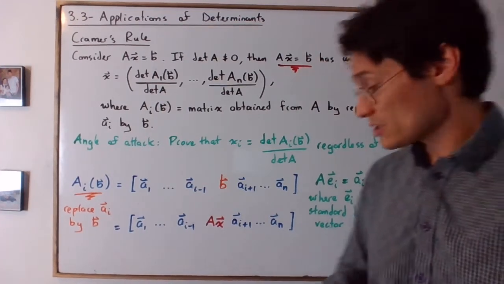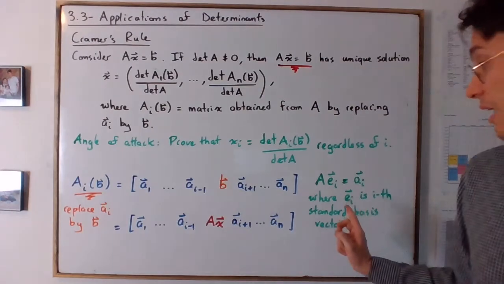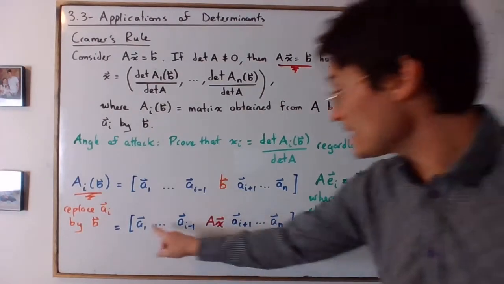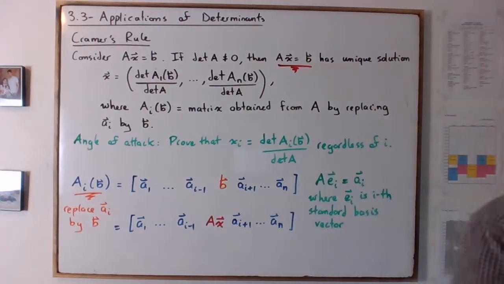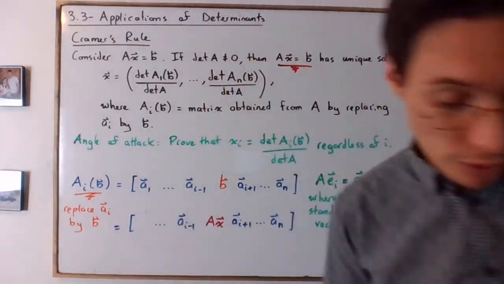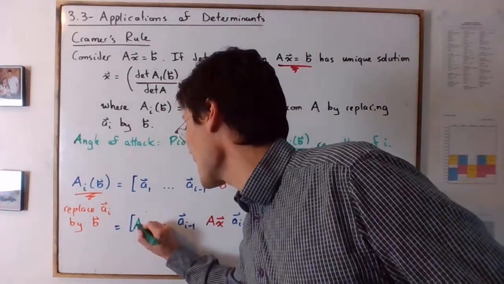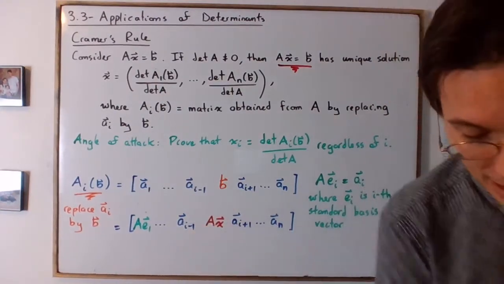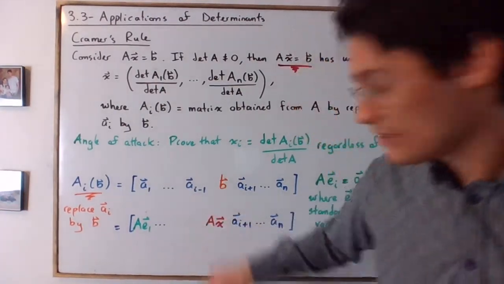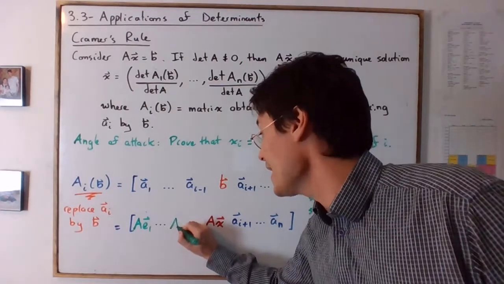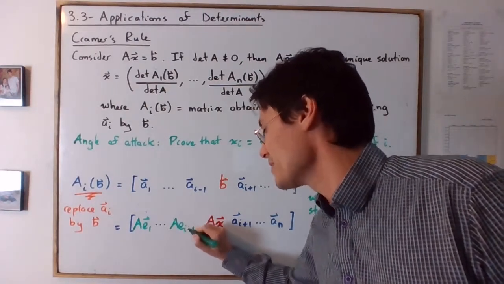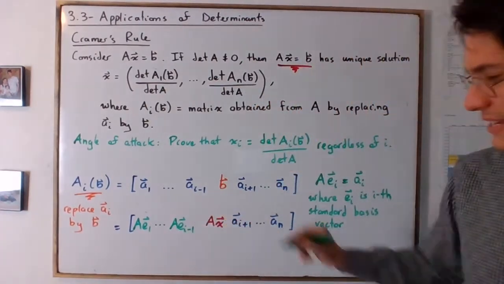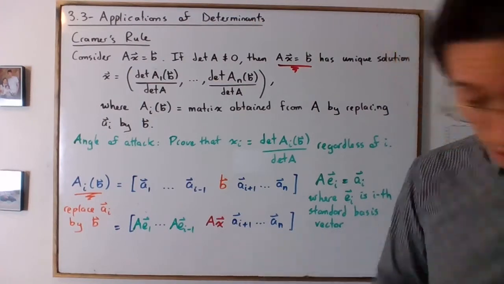What this observation allows me to do is replace all of these. Instead of A1, I will write A times E1. Instead of A(i-1), I will write A times E(i-1). Then this stays as is, and then here I will continue.